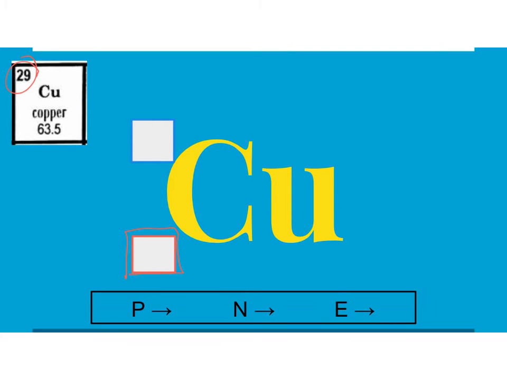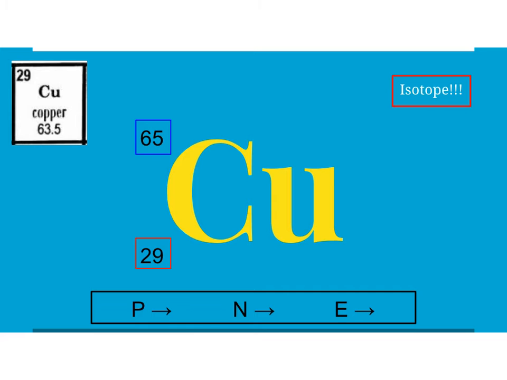I get that from the top on the periodic table, so I know that value is 29. The second thing is to put in the mass number. Remember, the mass number is what we take from the bottom, but we round it. In this case, it says 63.5, and we'd round that up to 64. So that's how we would get our atomic number and then our mass number.